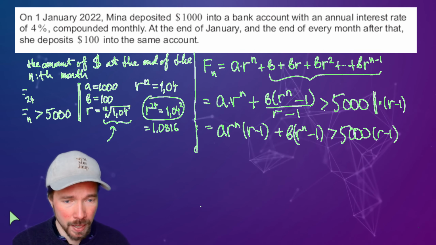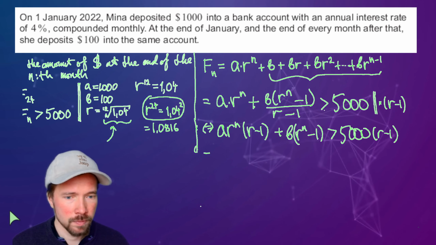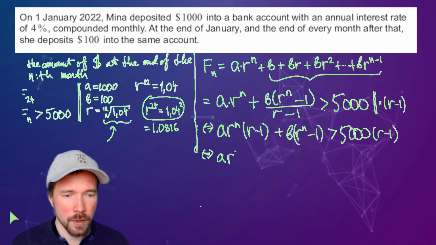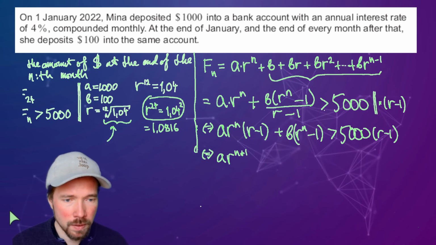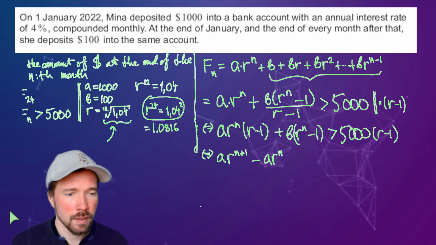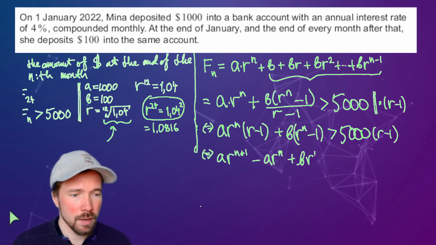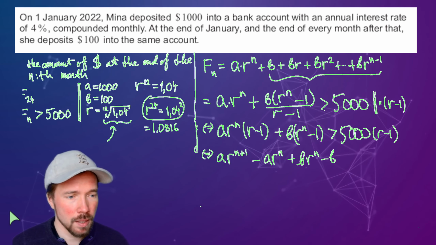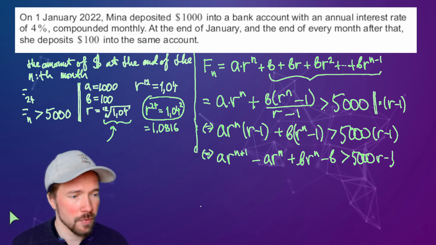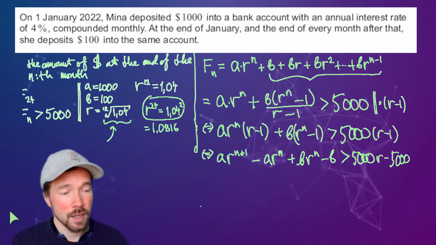Now, opening the brackets, we'll have a r to the power n plus 1 minus a r to the power n plus b r to the power n minus b is greater than 5,000 r minus 5,000.